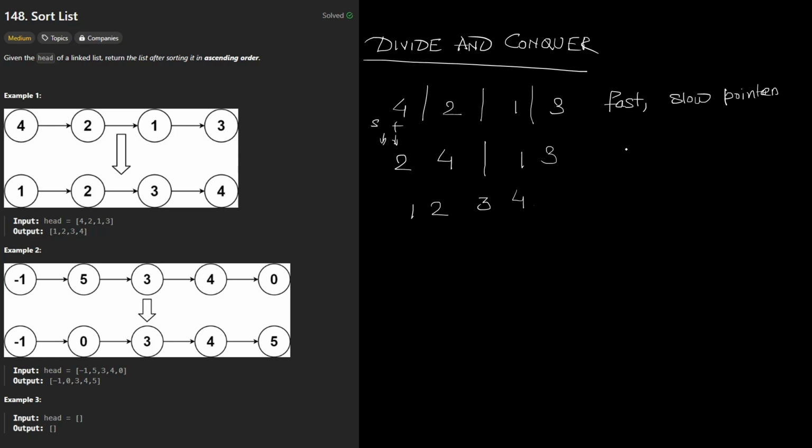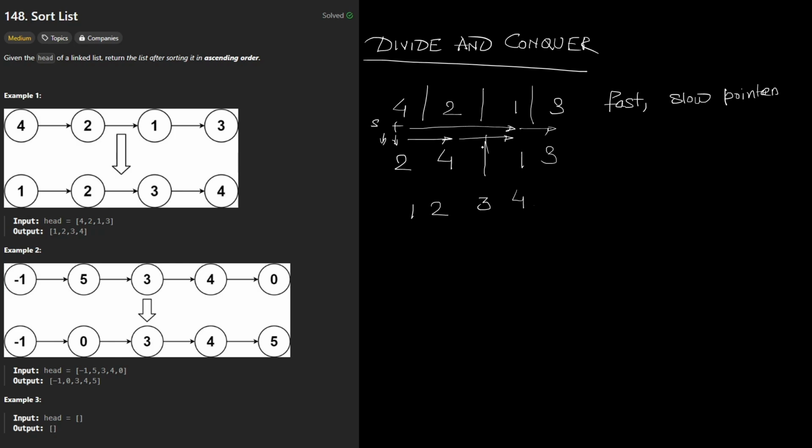The fast pointer is going to go two steps and the slow pointer is going to go one step. After one iteration, the fast pointer would be at this position and the slow would be at 4. Now after the second iteration, the slow pointer would only reach this position.